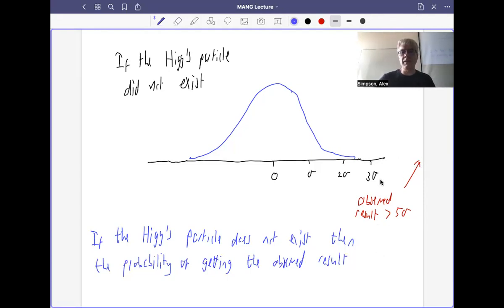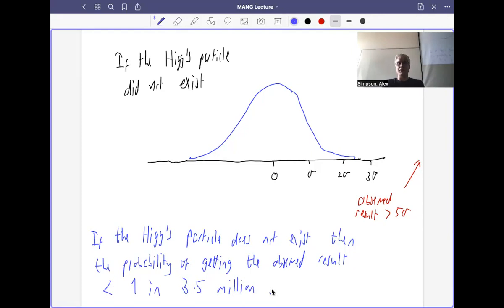This curve is going to be very low. It's actually less than 1 in 3.5 million. And this was in July 2012.